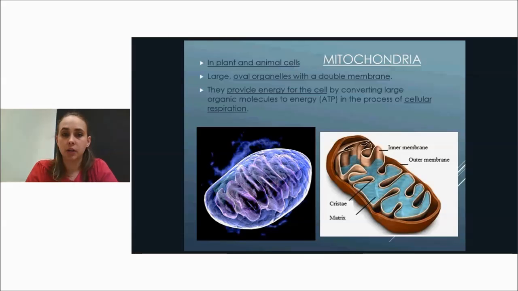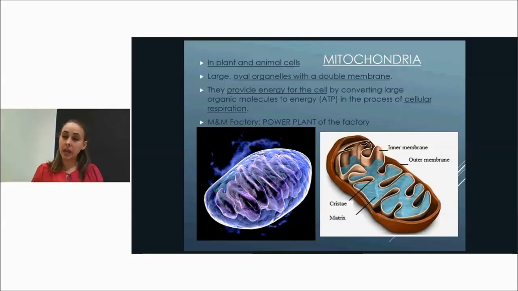The mitochondria are in animal and plant cells. They are not in bacterial cells. They're actually about the same size as a lot of bacterial cells. They're large oval organelles. They have a double membrane. You can see the membrane on the outside, and then there's an inner kind of folded up membrane. They provide the energy for the cell. They convert large organic molecules into energy, so they're ATP.